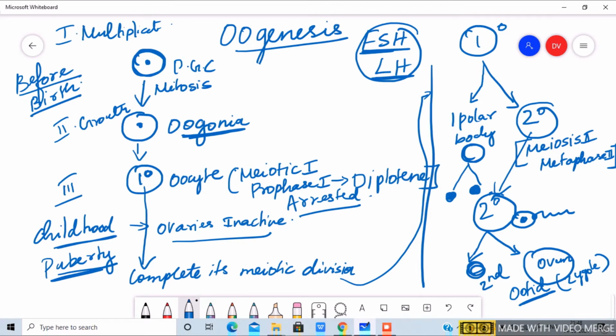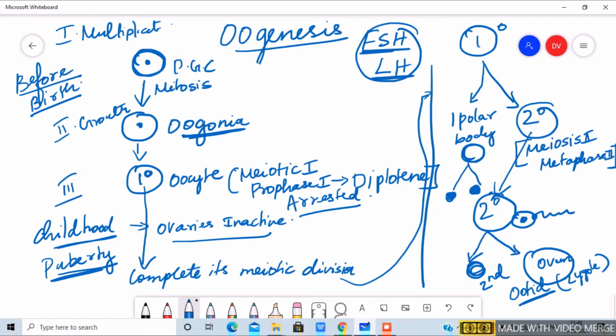The egg will complete its meiosis 2 and become the ovum. Only then the nucleus of the ovum and the nucleus of the sperm will fuse and become the zygote. Which means the secondary oocyte needs a sperm to complete its cell division, to complete the meiosis and turn into the ovum. That's so fascinating, no guys?